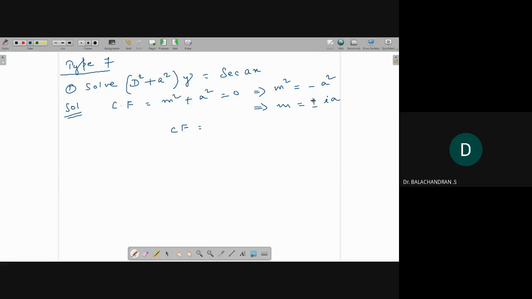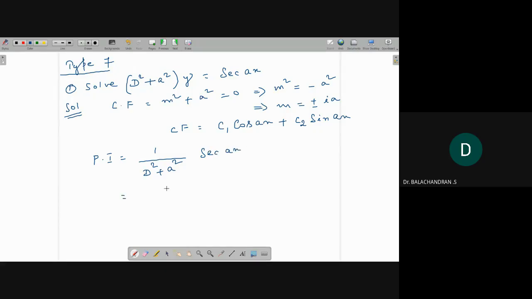Complementary function is, alpha is 0, beta is a. So e power 0x into (c1 cos ax plus c2 sin ax). Then the particular integral equals 1 by (D square plus a square) into secant ax.